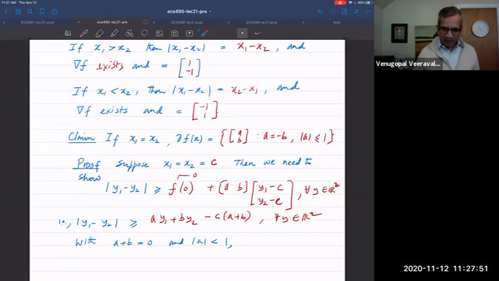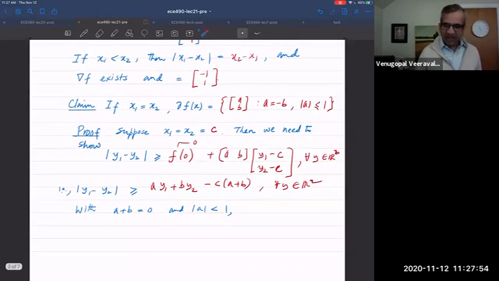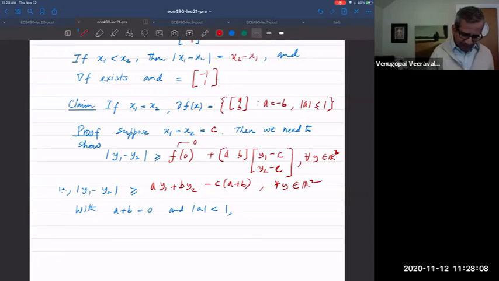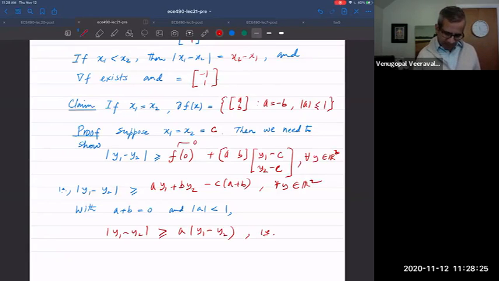If the norm of A is less than 1, then since B is minus A, this is A times (y1 minus y2), and if A is less than 1 in magnitude, this has to be less than the absolute difference between y1 and y2. So this holds: the absolute value of y1 minus y2 has to be bigger than A times (y1 minus y2). So this means that this equation holds. Let's call that equation 2, so the equation we need to check holds.